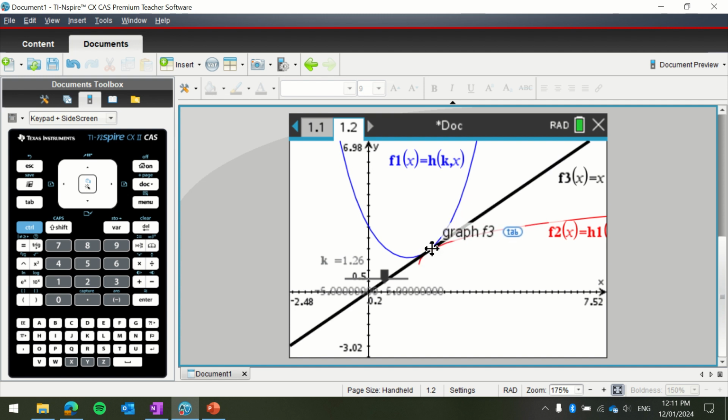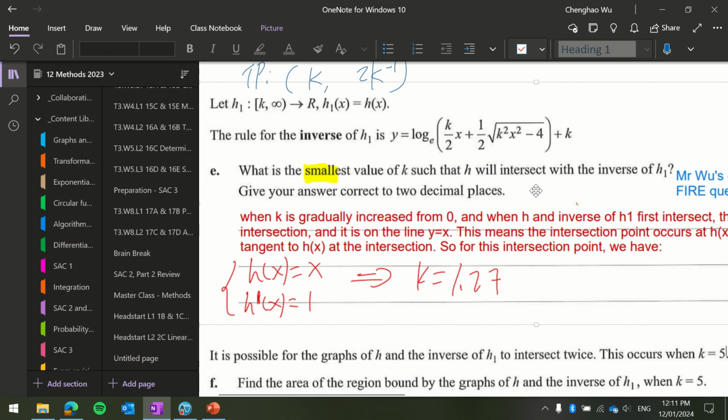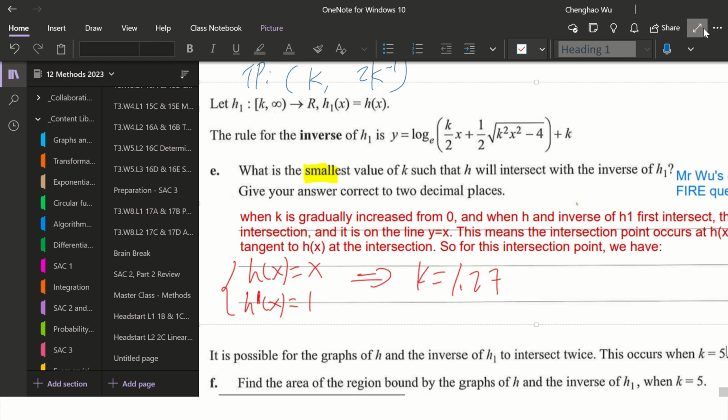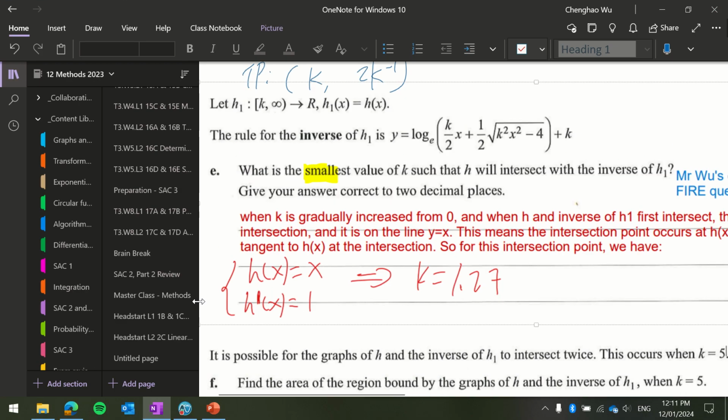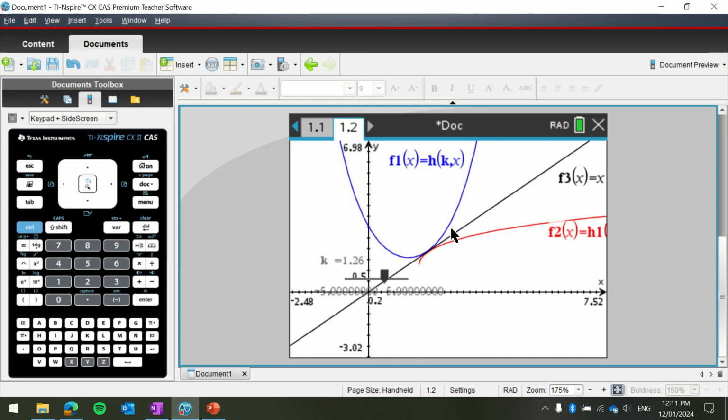It looks like a tangent, and it touches once, which means if I differentiate h, the gradient of h at this intersection point should be 1, because the gradient of the blue curve at this point should be the gradient of the tangent.